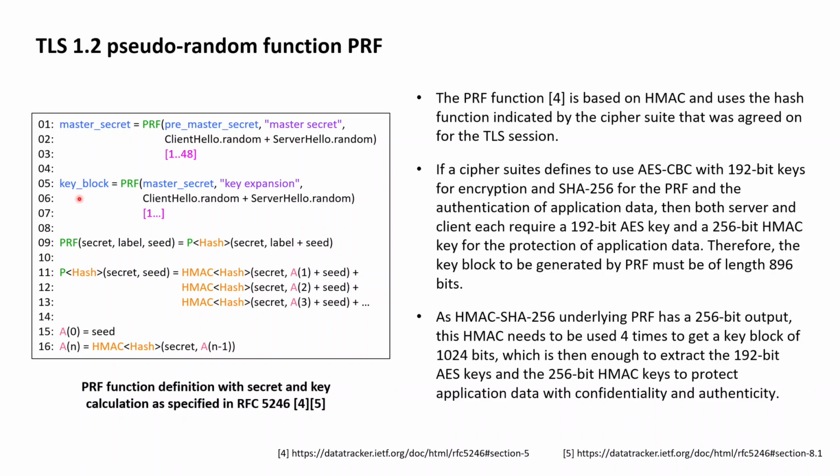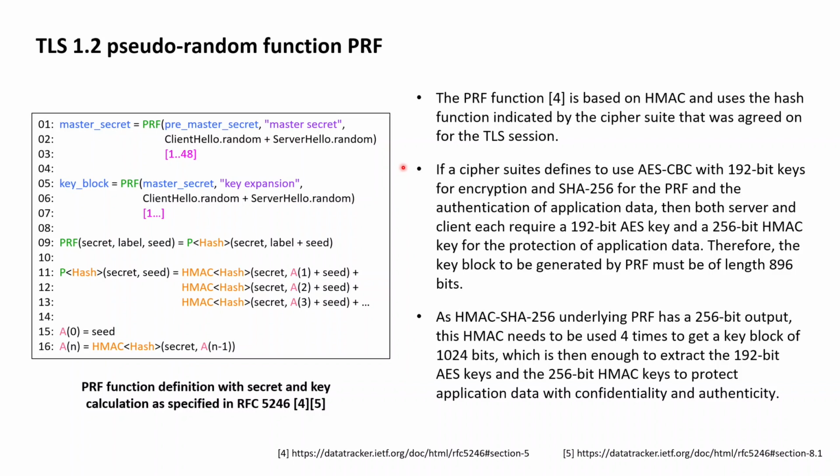It's quite instructive to exercise this derivation on an example, and an interesting example is given in case a client and server agree on a cipher suite using AES CBC with 192-bit keys and SHA-256 for HMAC and PRF. As both the client and the server require an AES CBC 192-bit key and a 256-bit HMAC key, a key block of length 896 bits is required.